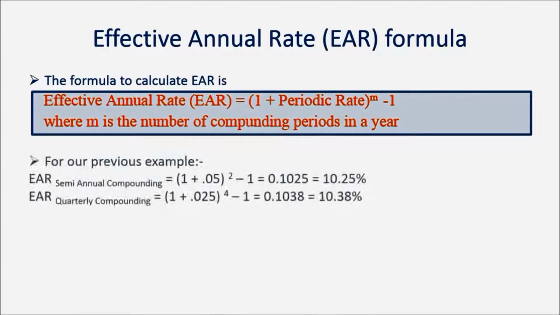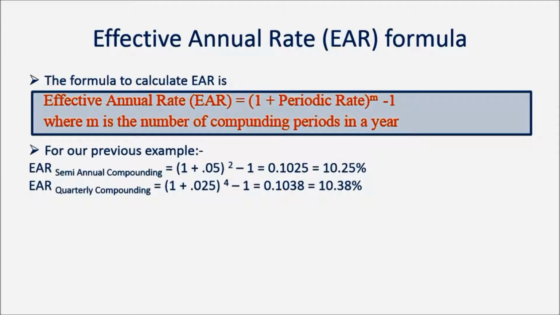So for our previous example, effective annual rate for semi-annual compounding will be 1 plus 0.05 whole to the power 2 minus 1, which comes out as 10.25%, and our effective annual rate for quarterly compounding will be 1 plus 0.025 whole to the power 4 minus 1, which comes out as 10.38%. I'll strongly recommend that you try these calculations on your own.